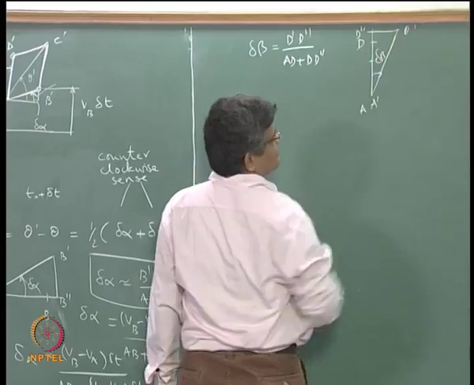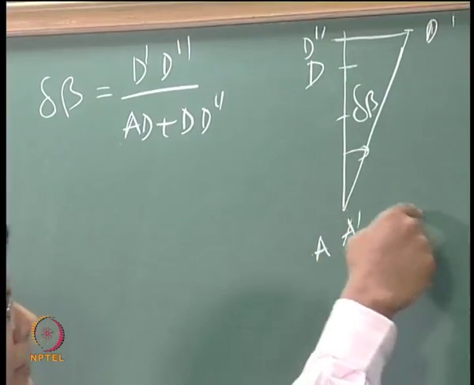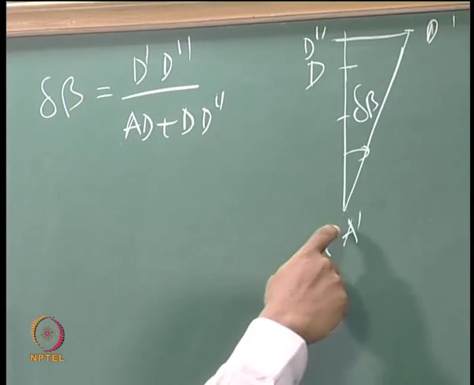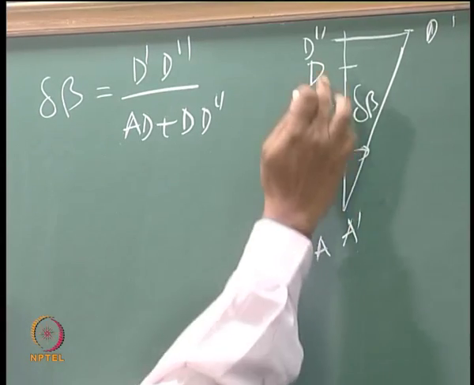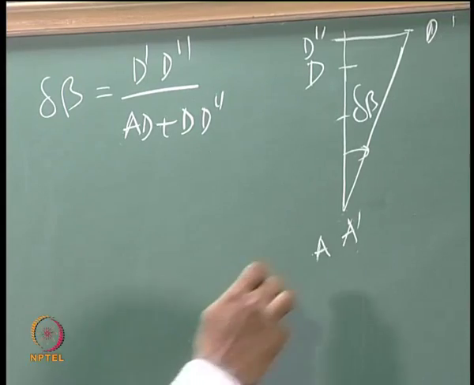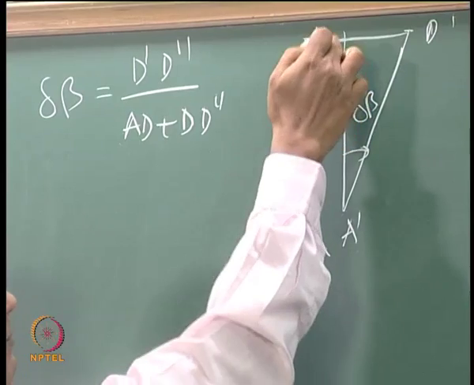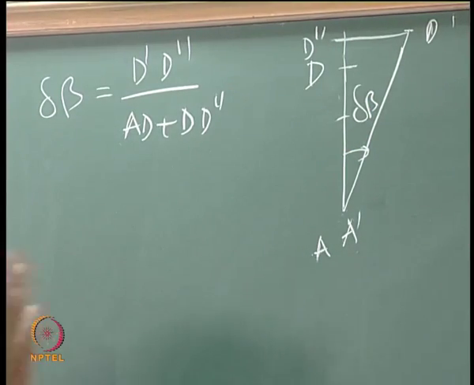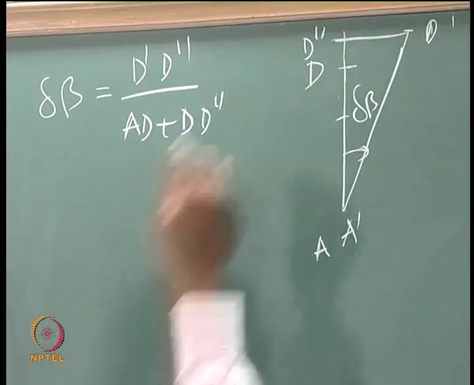And this distance is because A and D have different horizontal velocities. Okay. So, because of the difference in horizontal velocity, A has moved to A prime and D has moved to D prime, and if they have the same velocity, then D prime would also be at the same x position as D. But because of the horizontal velocities being different, there is now a gap between the two.